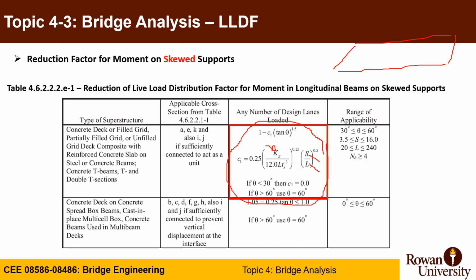And the factor will be 1 minus C1 times tan theta to the power of 1.5, and theta is the skew angle. C1 is this term. Make sure that if theta is less than 30, you don't have a correction. If it's more than 60, use a maximum correction of theta equals 60.